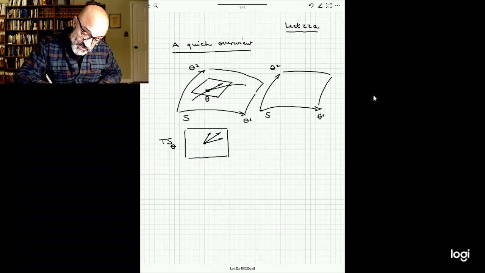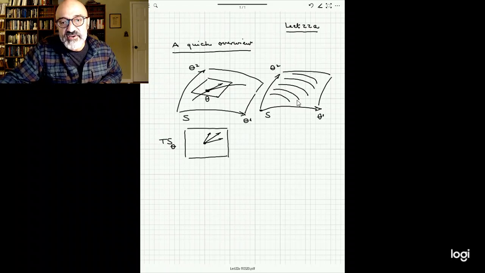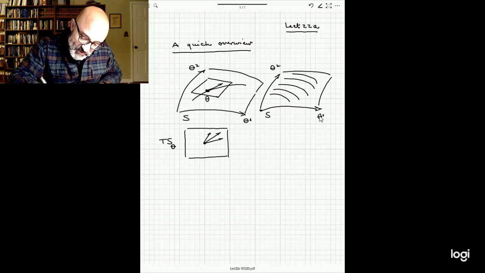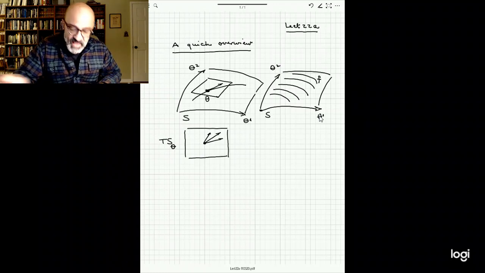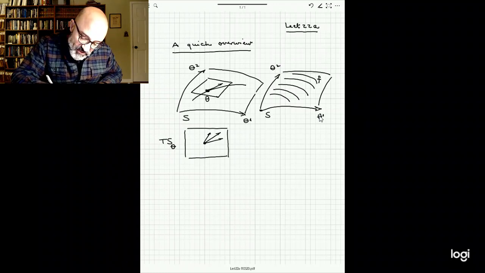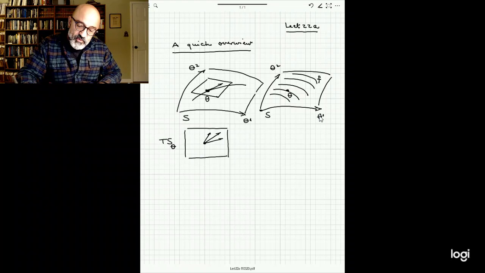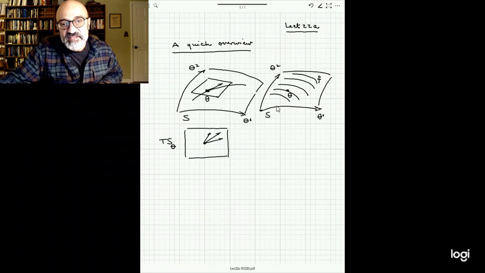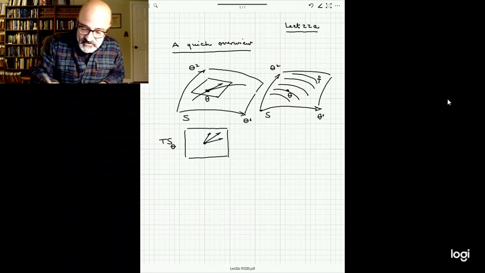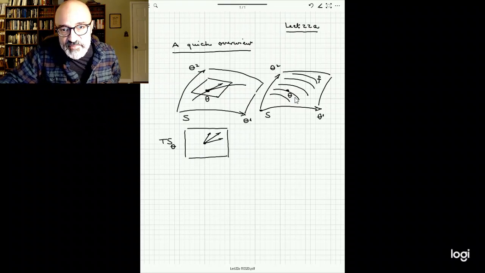So how do we represent a function? A function f is going to be represented by the contours of constant f. So this is what represents a function f. At any point theta, we would like to represent the gradients, and this is exactly the representation that we may want to use for gradients.